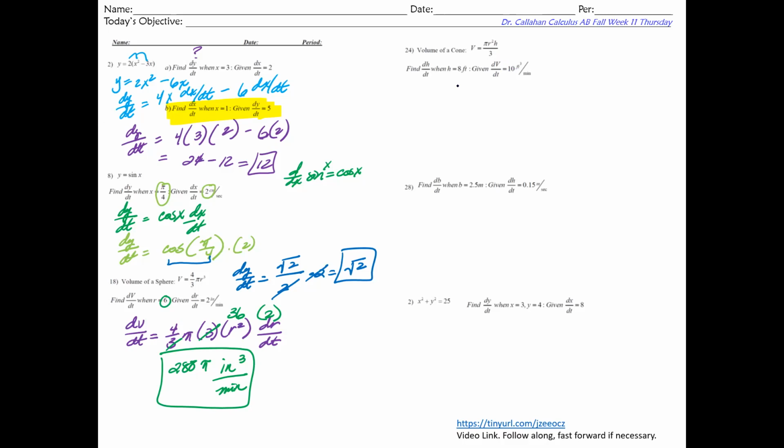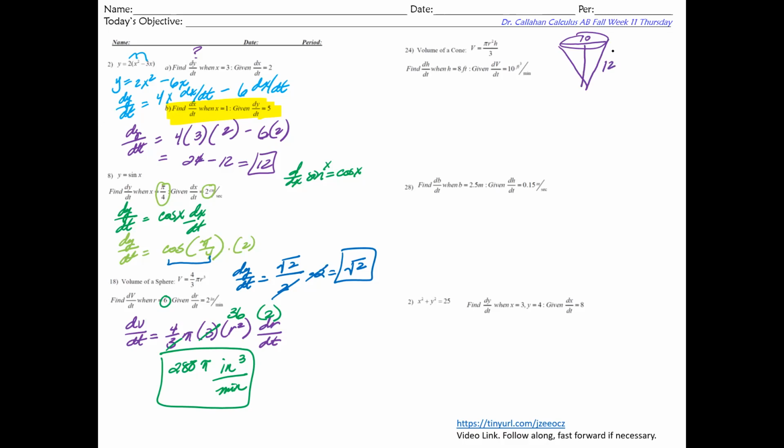All right, so your volume of a cone, let's draw a picture here. Here's your volume of a cone. It's given to you that the radius, or the diameter on top, is 10. And then the height of this is going to be a 12.